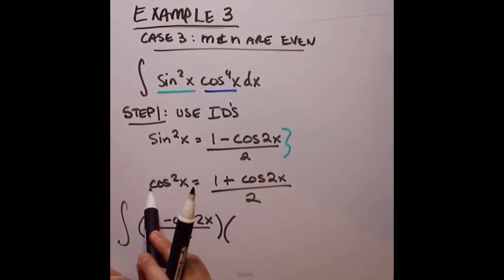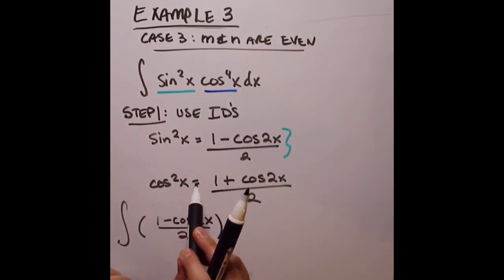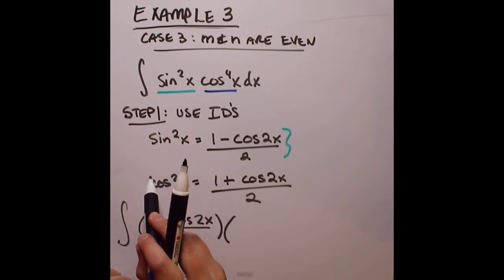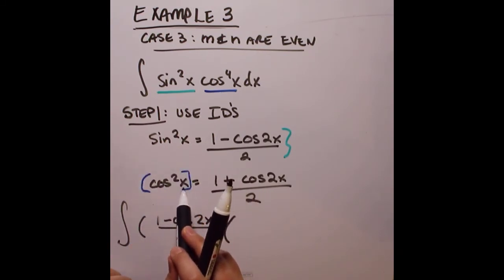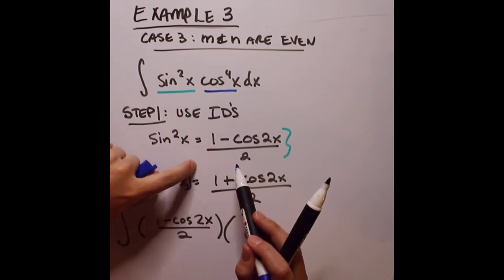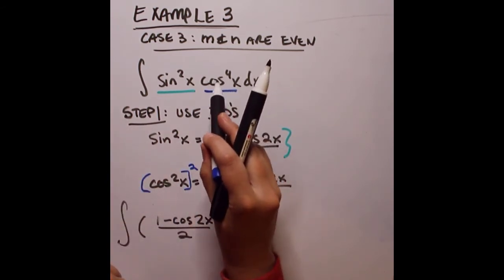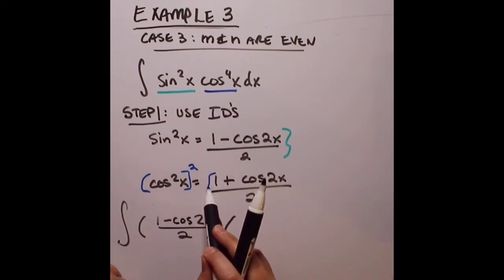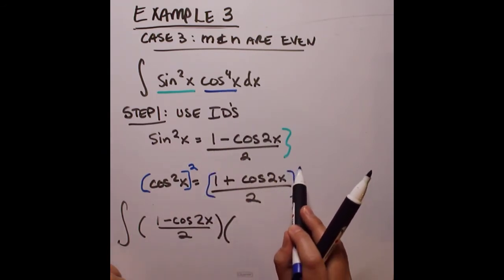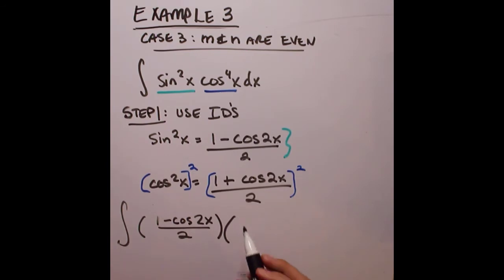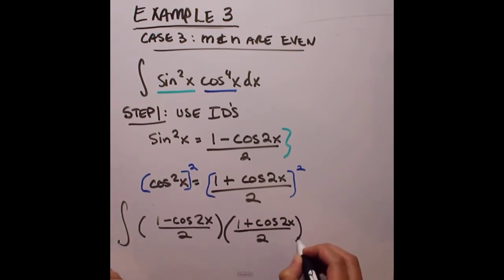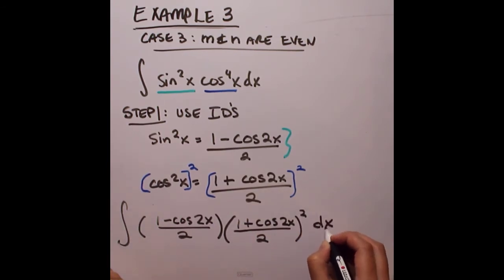This is a formula for cosine squared, and so if you think about it, we're basically squaring this to get to a 4th power. If I say cosine squared squared, that represents what we have here, cosine to the 4th. So we're just going to write this quantity squared. And so we have 1 plus cosine 2x over 2, quantity squared dx.